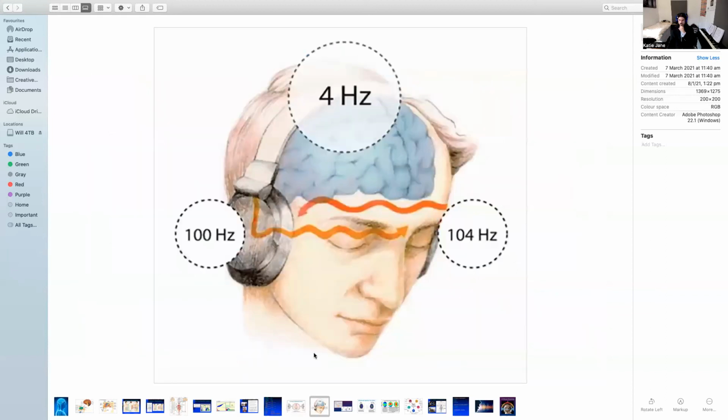And we can see here 100 hertz, 104 hertz, and the resulting pulse is 4 hertz. So 4 hertz would be 4 times per second. So that's the beat that we're hearing as a result of the entrainment.